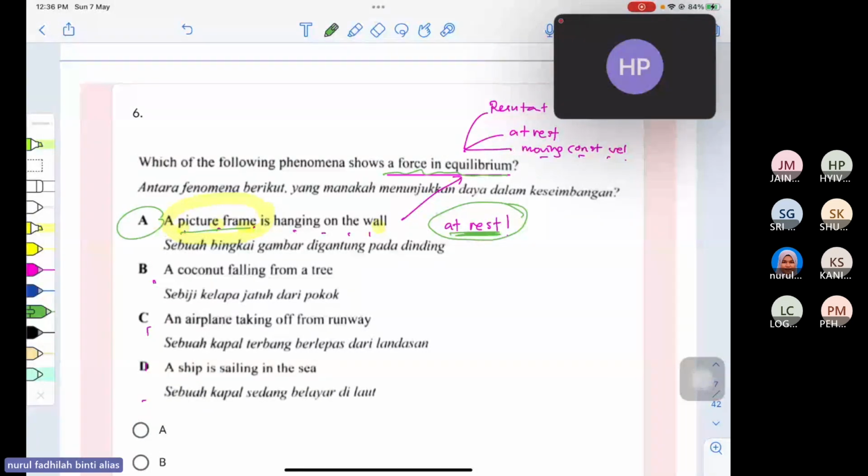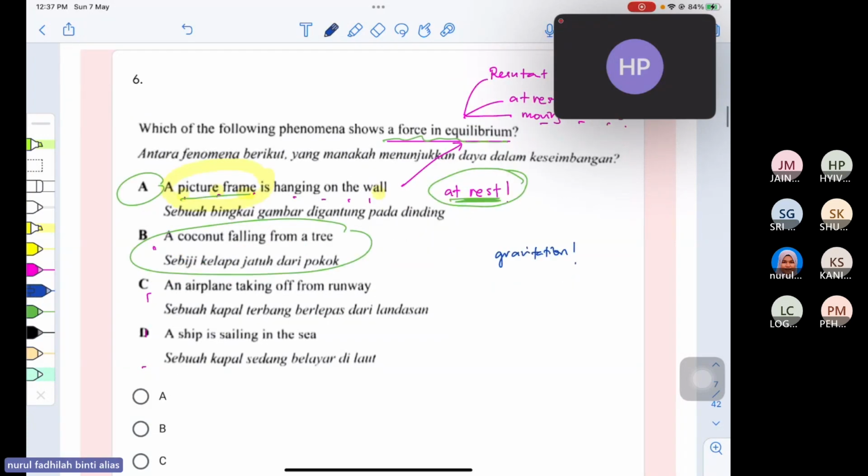Tapi kalau you tanya, cikgu, what about a coconut falling from a tree? Okay, coconut falling from a tree masuk dalam subtopik lain, kita panggil tentang weight, tentang gravitational force nanti. Kalau you kena tahulah tajuk gravitation. You dah belajar gravitation masa form 4.